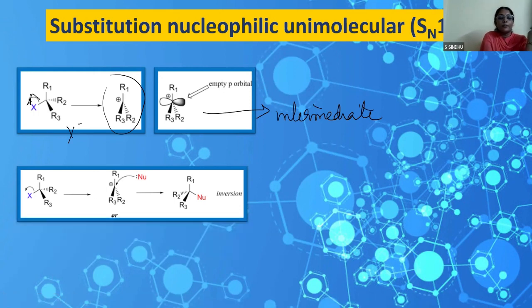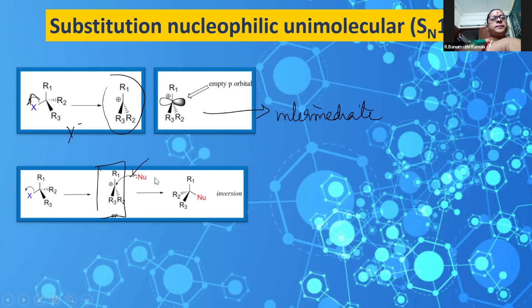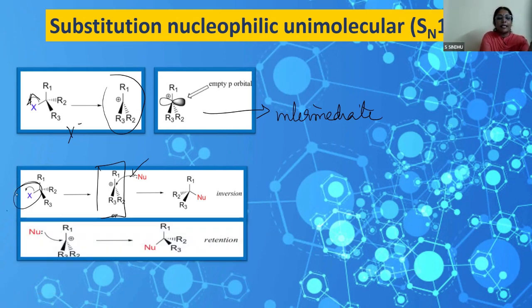Since it's a planar molecule, the nucleophile can attack from both sides. If it attacks from the same side where you had X, what will happen? A retention. Yes, if it attacks on the same side, it will be retention. Here we had the X here.